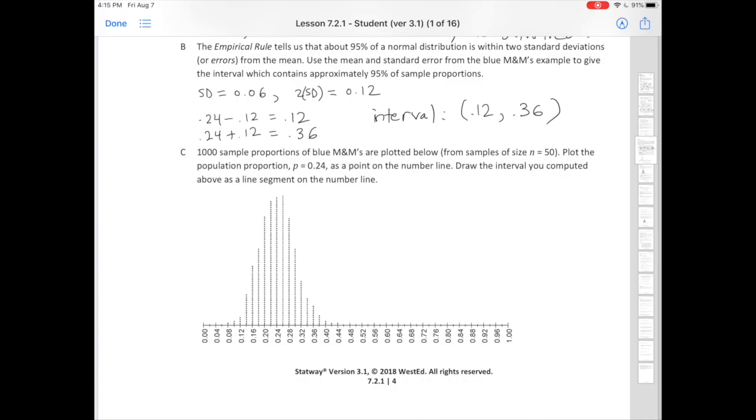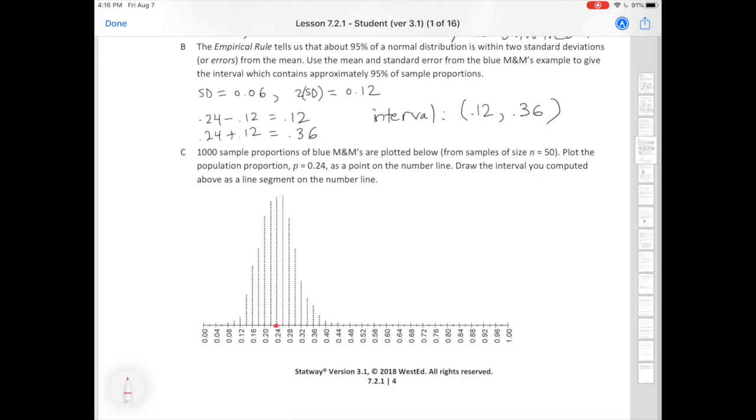So, where is 0.24 on the number line? That's what this wants us to do first. It says, plot the population proportion P equals 0.24. So where would it be? I'm going to use a red for this. So I put a dot there. That's 0.24. And we can see that that's the mean of the picture, right? It seems like that's right at the middle of this thing.